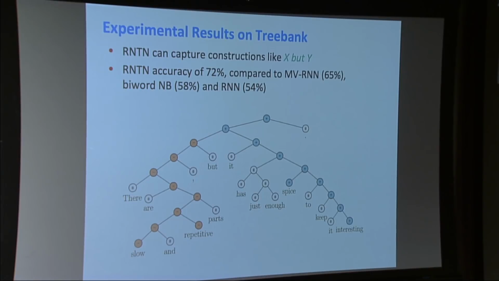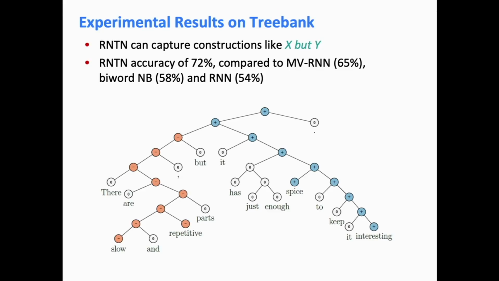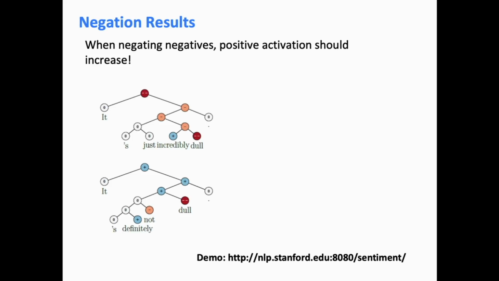But focusing in a little bit more, what seems especially good was that for the first time, this did seem like it could do a better job of working out what happens when you do things like negation. So here we have, it's just incredibly dull, and it's definitely not dull. So if it's definitely not dull, that actually means it's good, right? Can we work out the meaning of it's definitely not dull?